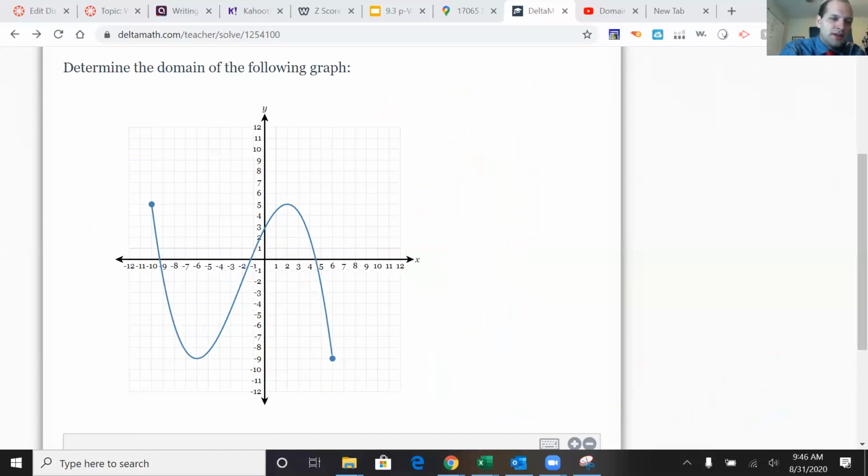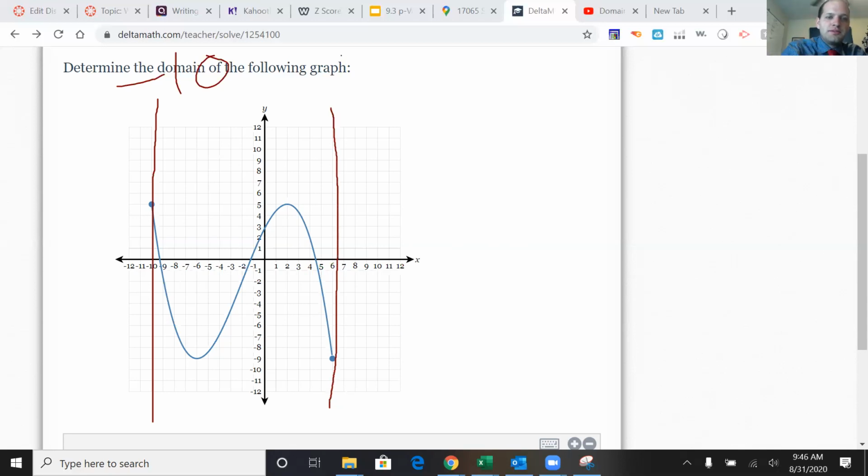In this case, the smallest x number that we can get down to is -10. The largest number is +6. So we know that all of our x values have to be between -10 and 6.